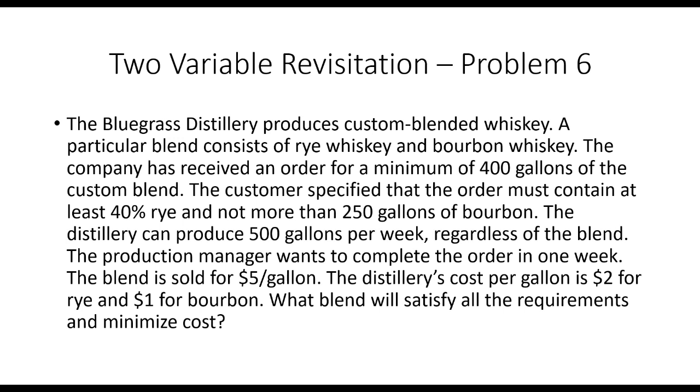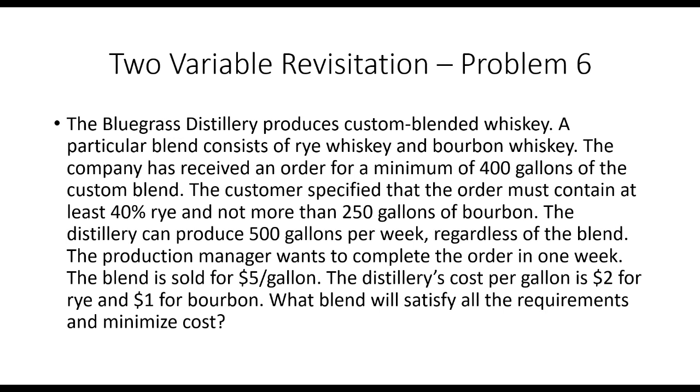We are trying to minimize cost. To minimize costs, we have to know what our costs are. So, in this situation, we have minimum Z equals 2x1, which is rye whiskey, plus 1x2, bourbon whiskey. Then we have to look at our constraints.